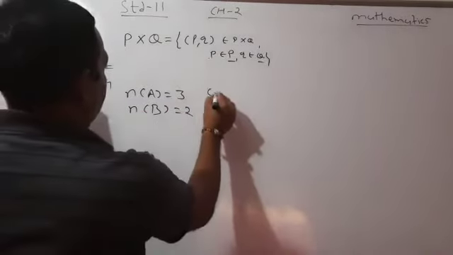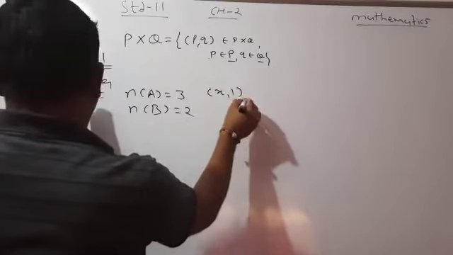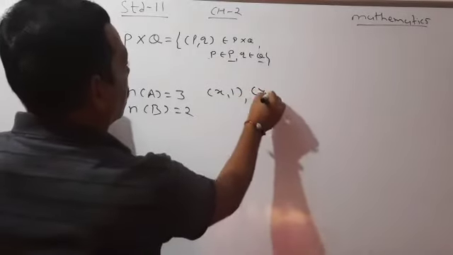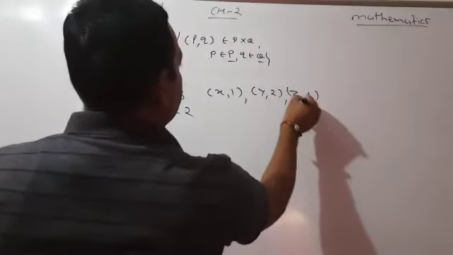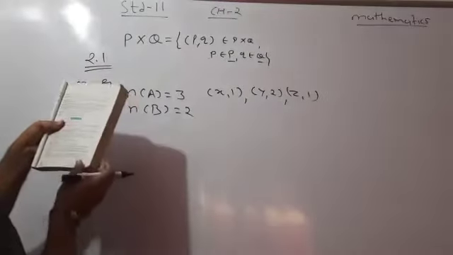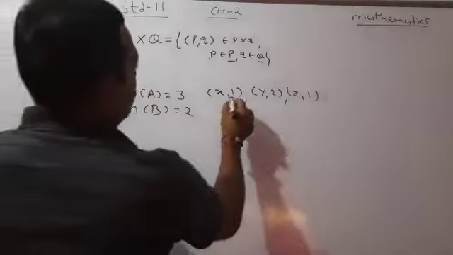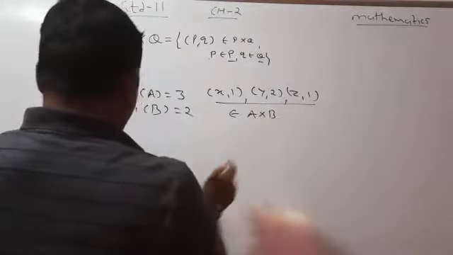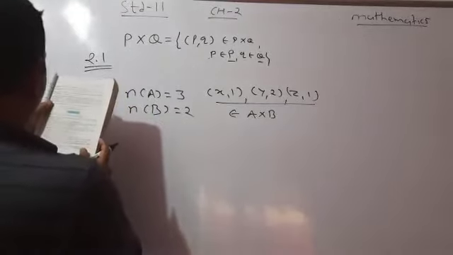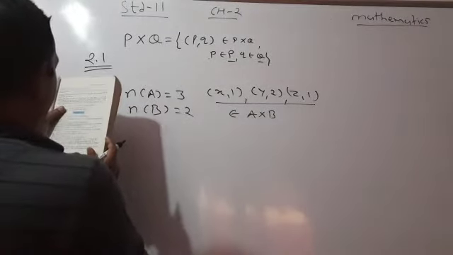If (x, 1), (y, 2), (z, 1) are in A cross B, these are the elements of A cross B, and the question is to find A and B, where x, y, z are distinct elements.